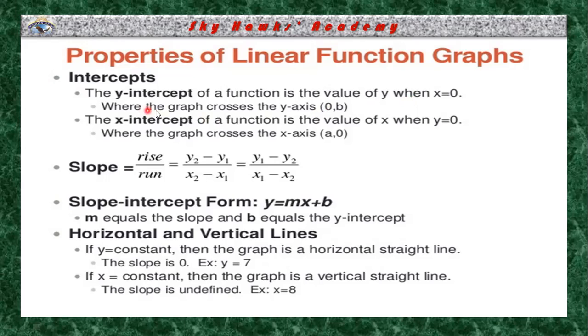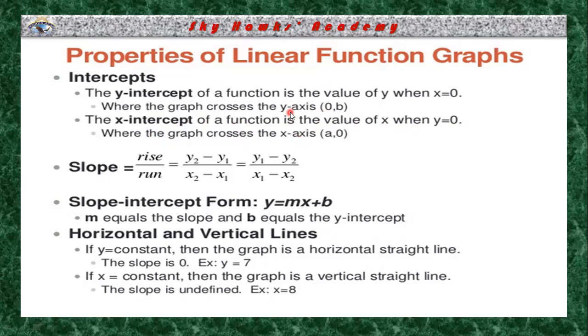Similarly, in this way we will find the point where the line intercepts the x-axis. When we are looking for the x-intercept, it's the same thing, but this time we are putting y is equal to 0. Whatsoever y is given, each and every y is being replaced with 0. In that way we'll get the x-intercept, where the graph crosses the x-axis.